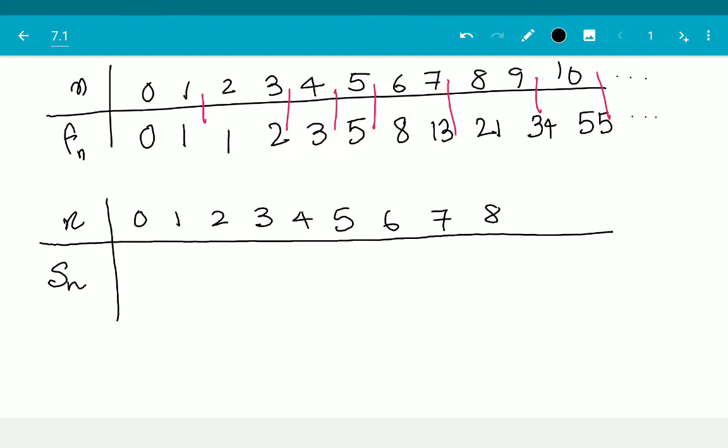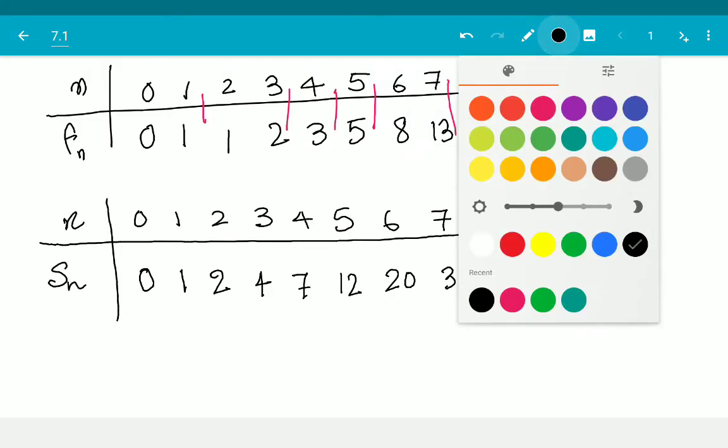And so if you add these up, you get 0, 0 plus 1 is 1, 0 plus 1 plus 1 is 2, 2 plus 2 is 4, 4 plus 3 is 7, 7 plus 5 is 12, 12 plus 8 is 20, 20 plus 13 is 33, and 33 plus 21 is 54.